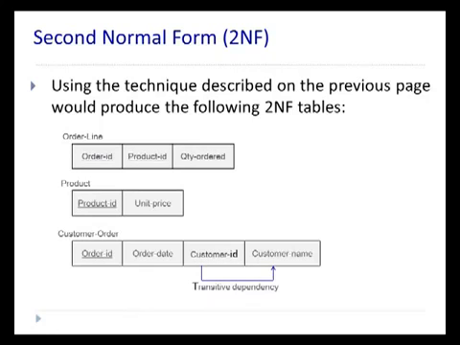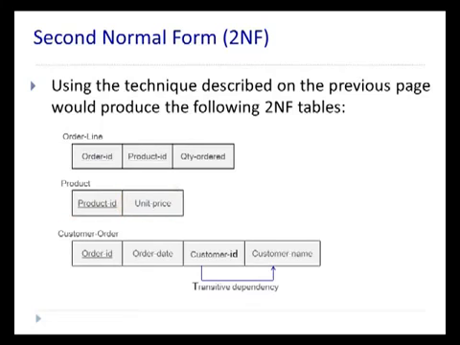Then we had a partial functional dependency related to the product ID. And so we've pulled out the product ID determinant, and it determines unit price. So we've included unit price in a new table called product.